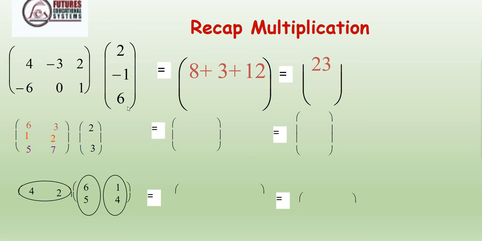Multiply the first row by the first column, the result equals 23. The second row by the first column, we get negative 6.